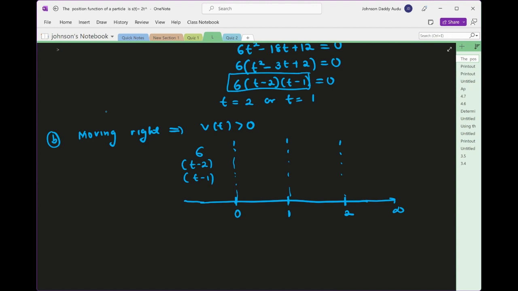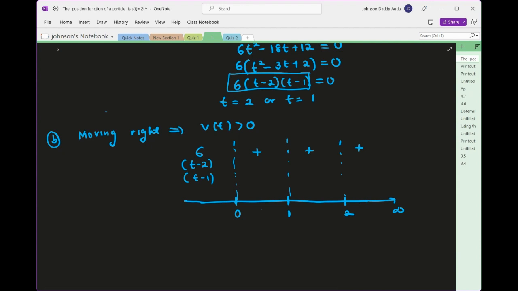Between 0 and 1, just take a number like 0.5. This is 6, which is positive everywhere. You can even delete 6 because it's a positive number and won't affect the outcome. But if it's a negative number, you have to keep it there and use the negative number. Let's assume this is minus 6. It's very important you include it in the table.